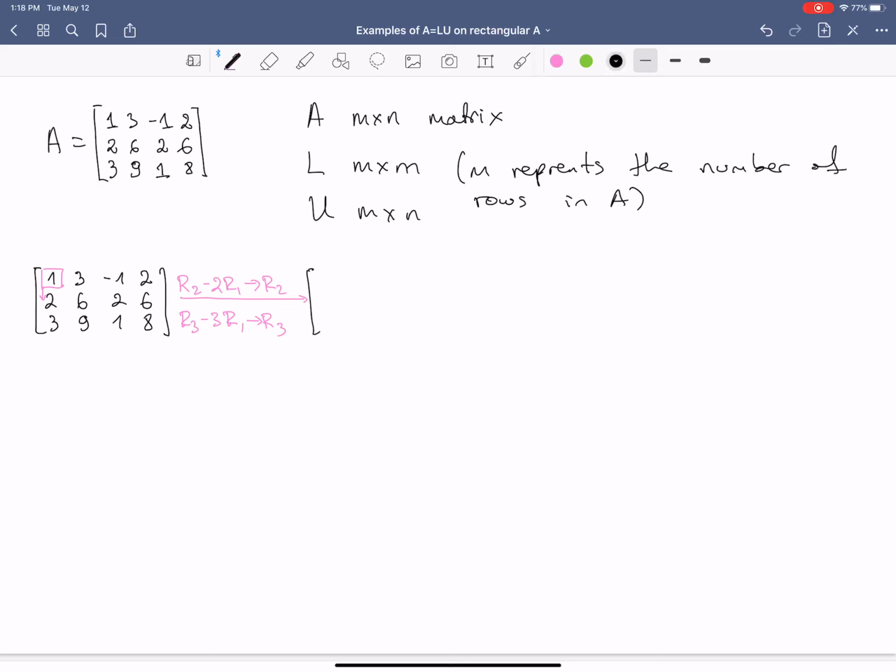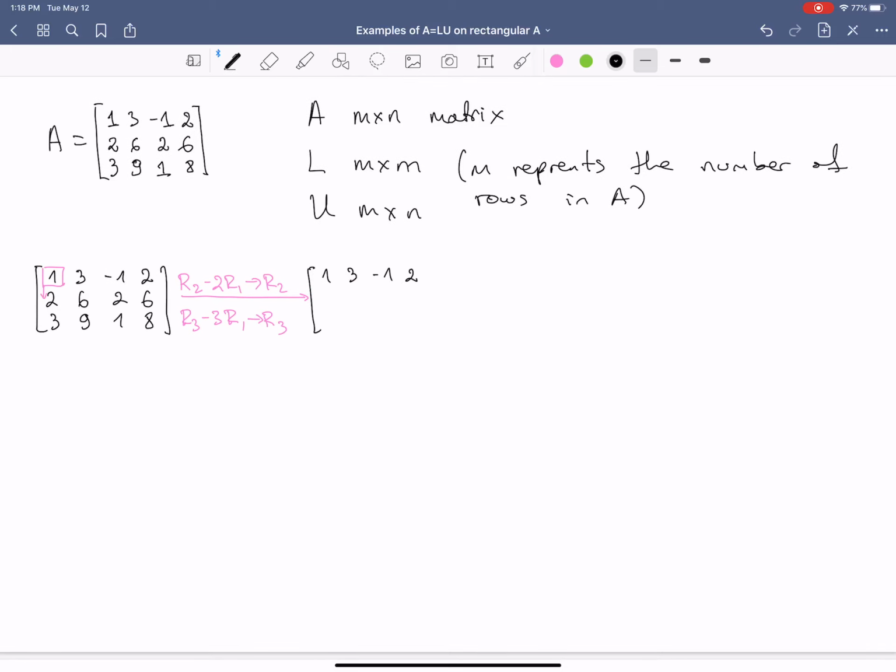The first row stays the same, of course: 1, 3, negative 1, 2, and then 0, 0. And this is 2 plus 2, so it would be a 4. 6 minus 4 is a 2. And the last row is 0, 0 again. 1 plus 3 is a 4. 8 minus 6 is a 2. So the last 2 rows are the same.